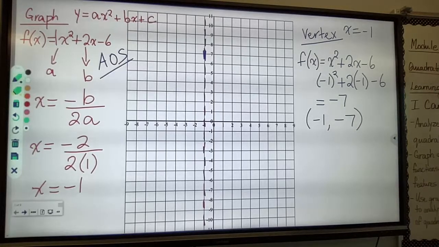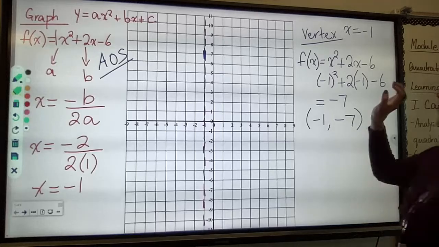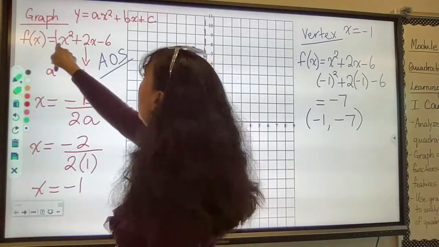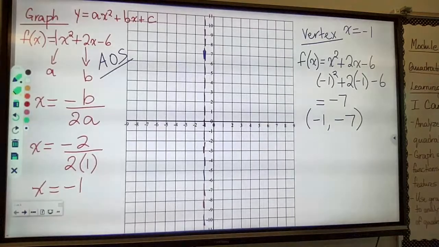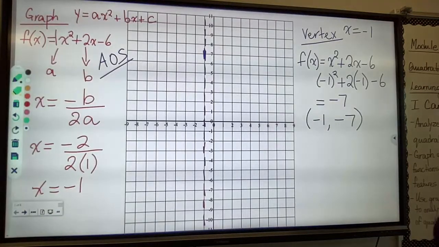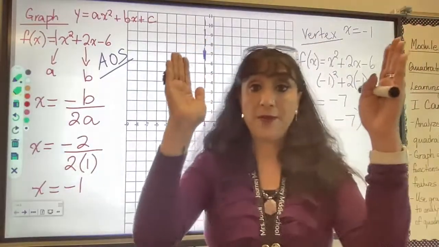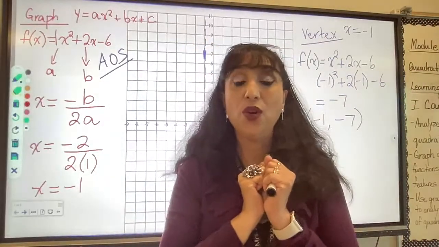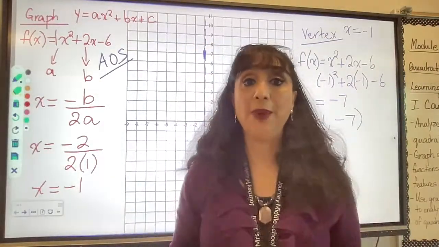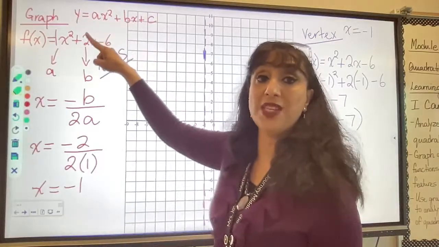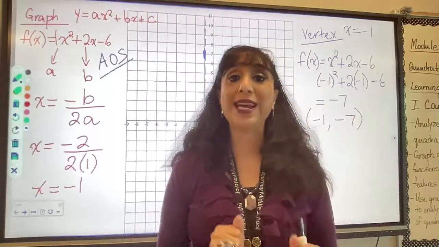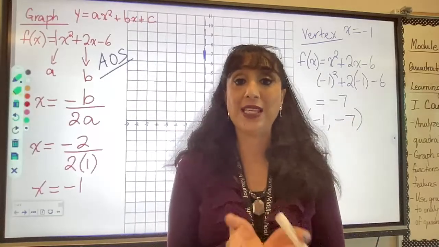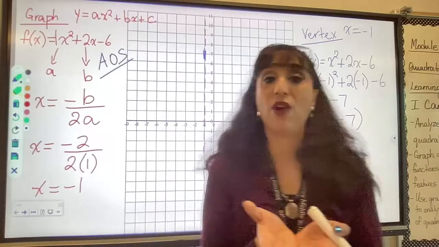Okay, and because a is positive, then I know that the graph is going to open up. If it was negative, it would open down. But because this is positive, because it's x squared, it's going to open up, and that tells me that my vertex is the lowest point in the graph.